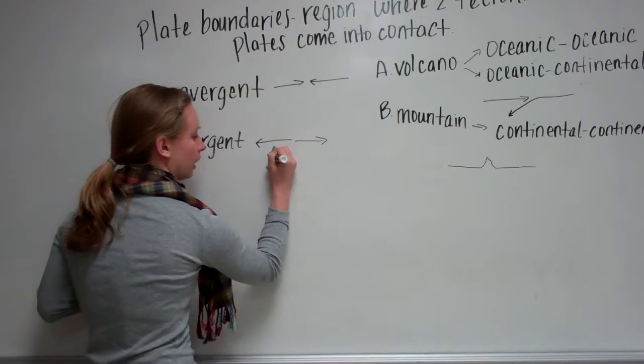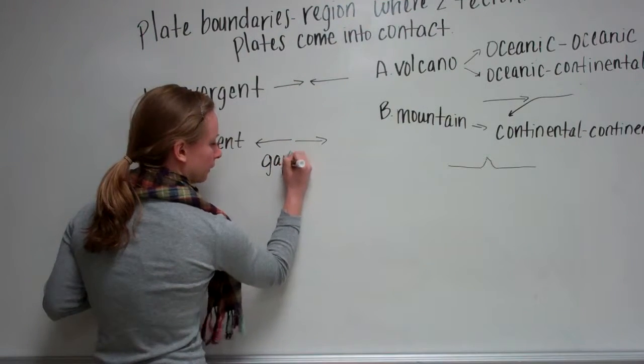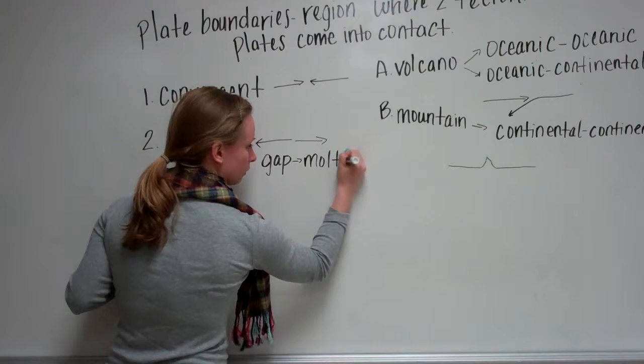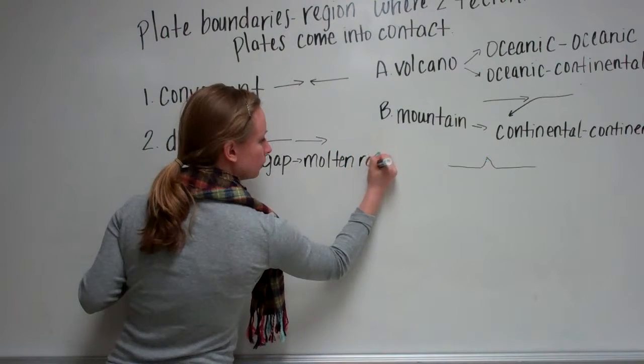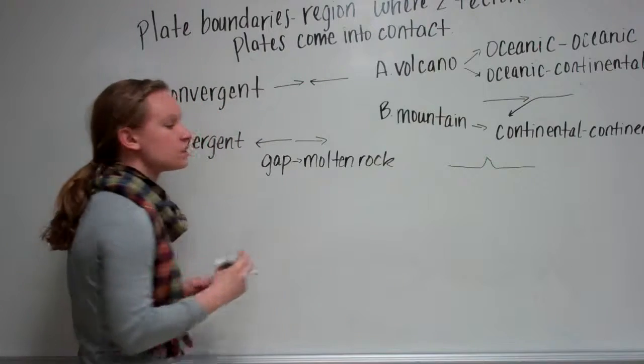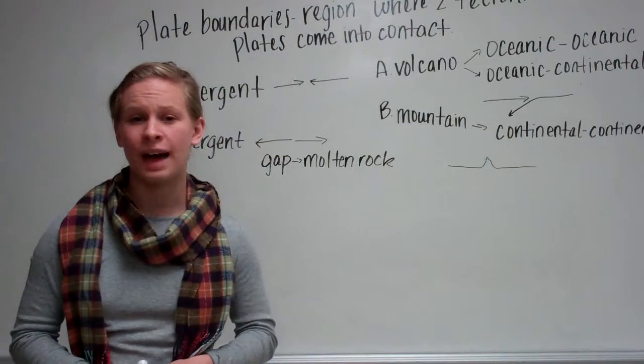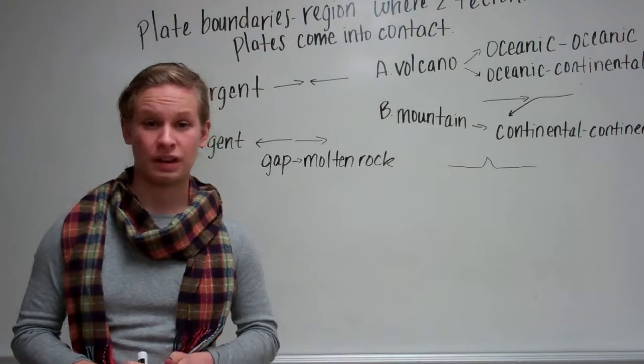So we're going to have a gap, and then filled with molten rock. And so when we have that filled with molten rock, we end up with something called a rift valley or a mid-ocean ridge.